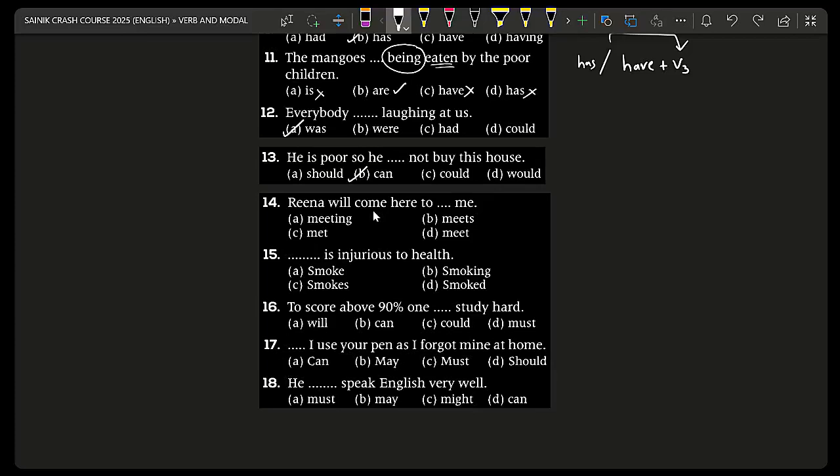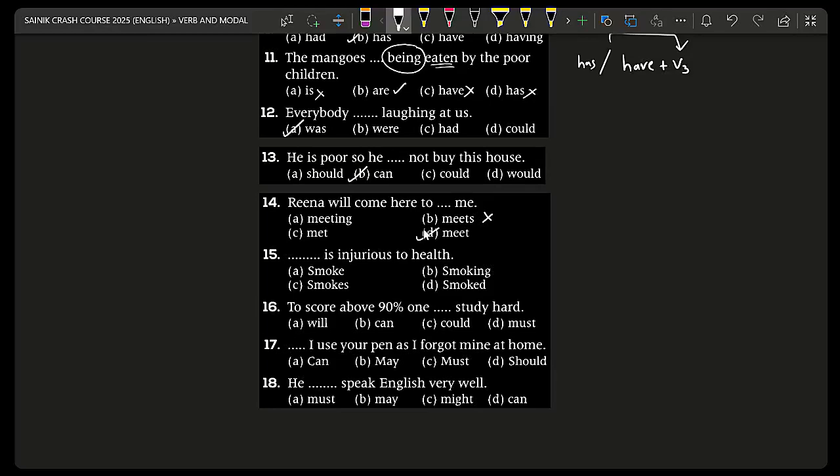Which one is correct? Meets is wrong. I told you meets will come in simple present tense. But will is there. Will is future tense, right? In future tense, the verb will not take the S form. Meet is correct. Rina will come here to meet me.